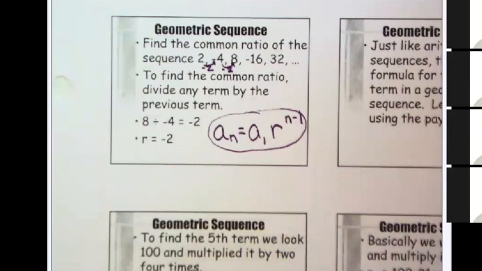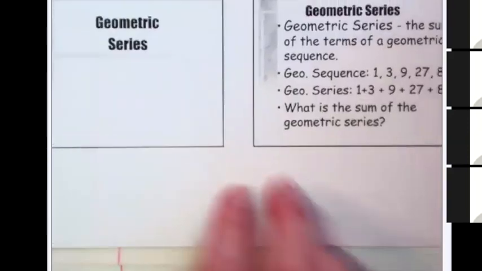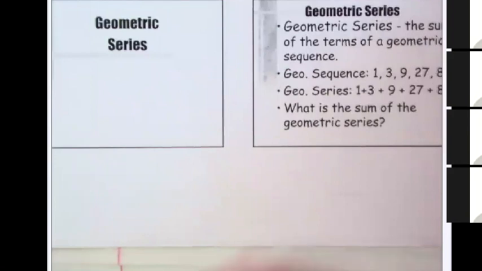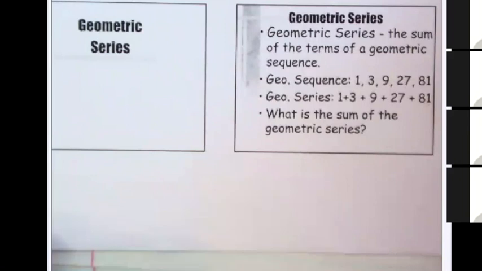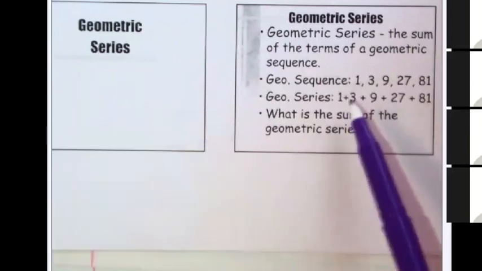Now, sequence is the list of numbers. Series is the sum of the numbers. So if we're looking for the series, we want to be able to add all of those values together. So for this one, I can see that I'm multiplying by 3 each time.